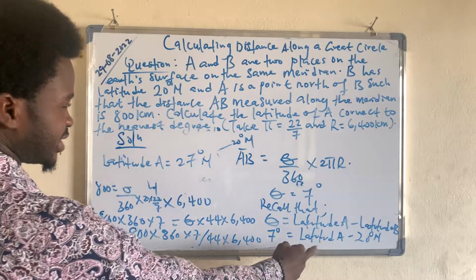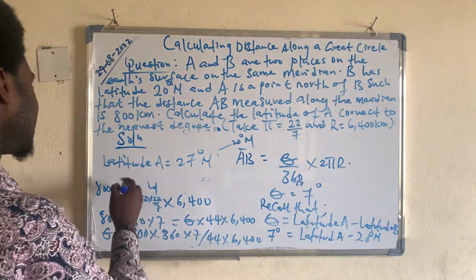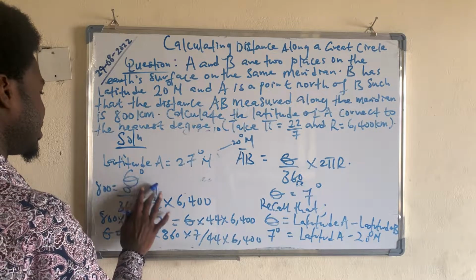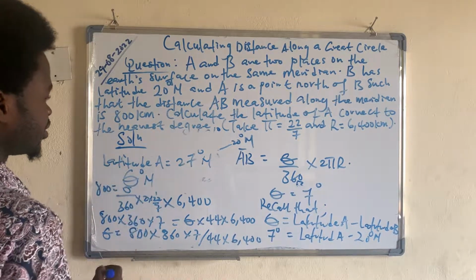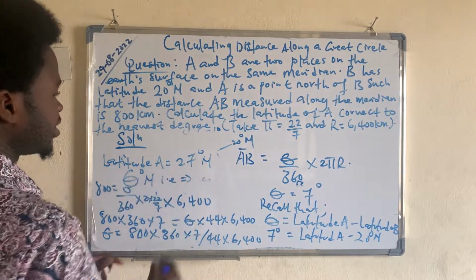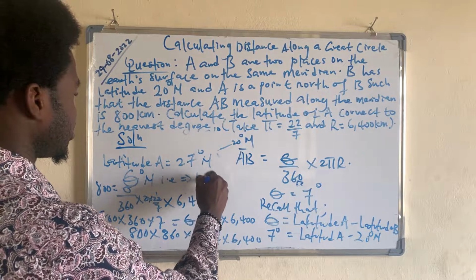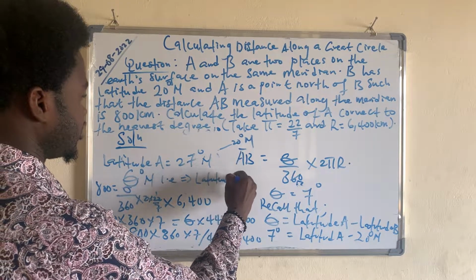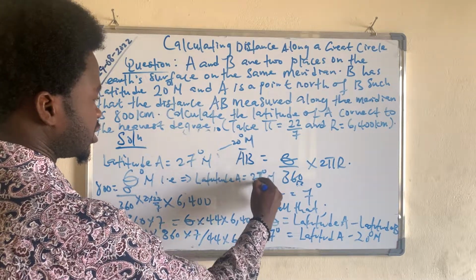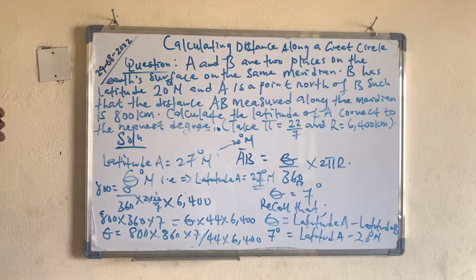Because latitude A can just be represented as theta degrees N, which implies that our latitude A is 27 degrees north. So this is the solution to this question.